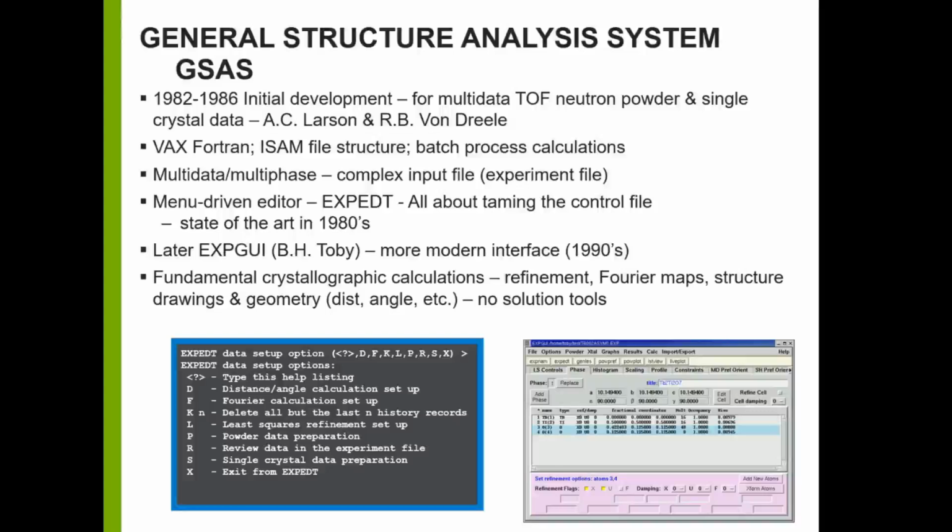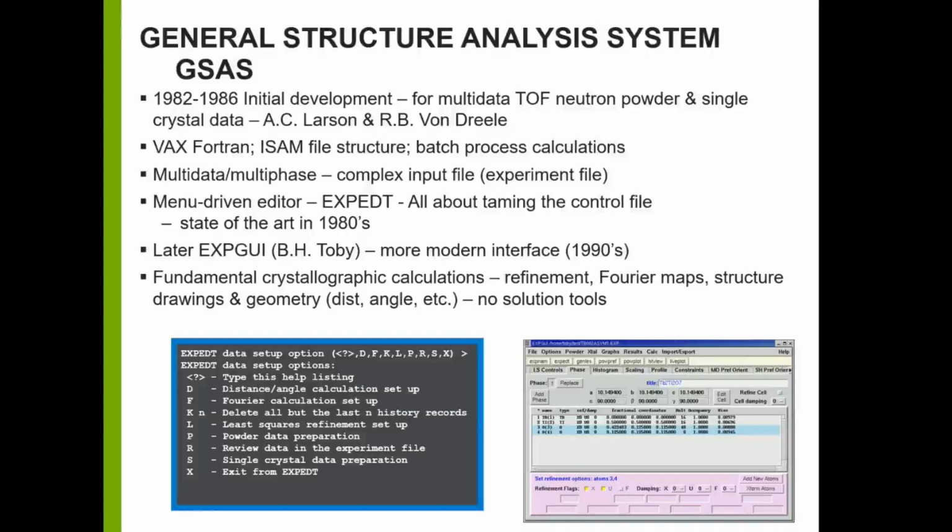And so that's how we organized the data in the control file, because we needed something where you could access a record randomly out of this data set, rather than reading them in sequentially like CLS and Fullprof and a zillion other computer programs do it. We had to be able to jump around and refer to individual records.